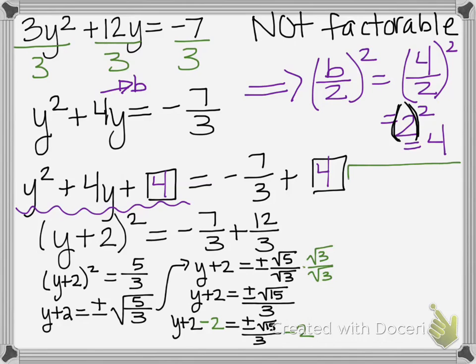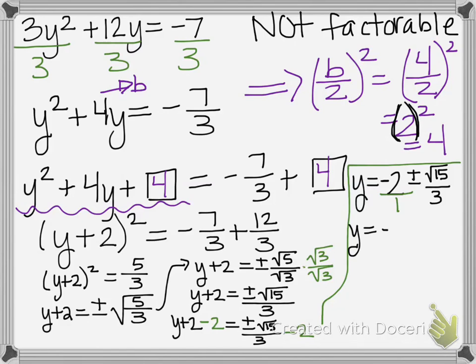And let's go ahead and finish it up over here. So I'm going to have y equals, now I'm going to put that negative 2 first. So I have negative 2 plus or minus square root of 15 over 3. So in order to combine these, my negative 2, I could think of that as negative 2 over 1. It needs to have a common denominator of 3.